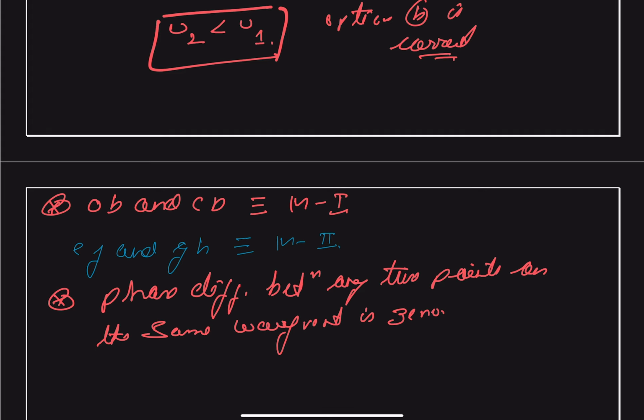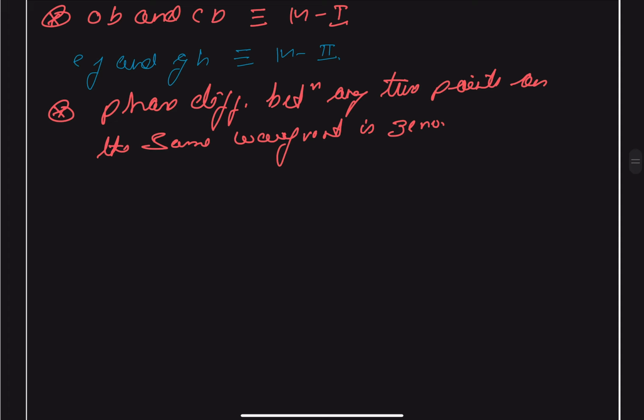So for points C and D on the wavefront in medium 1, let us call them phi C and phi D. For C it is phi C, and for D it is phi D, and both will be equal because they belong to the same wavefront.